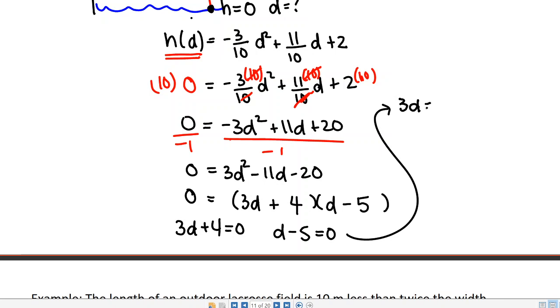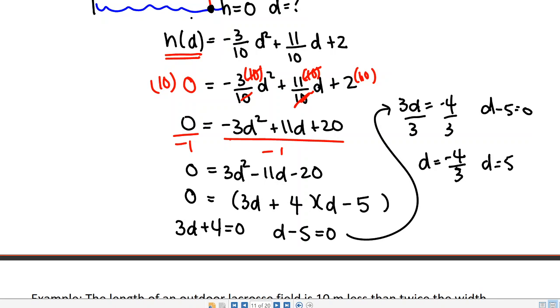So 3d is equal to negative 4, which means d is equal to negative 4 over 3. Or we end up with d is equal to 5.